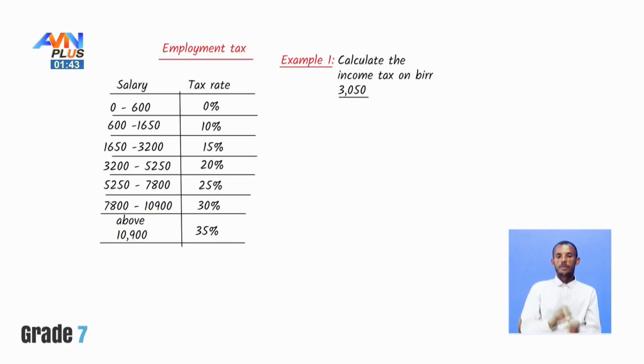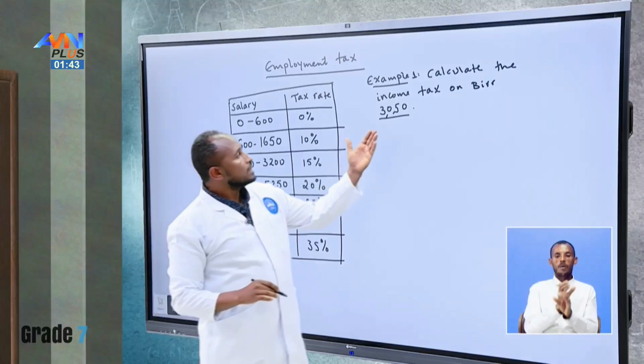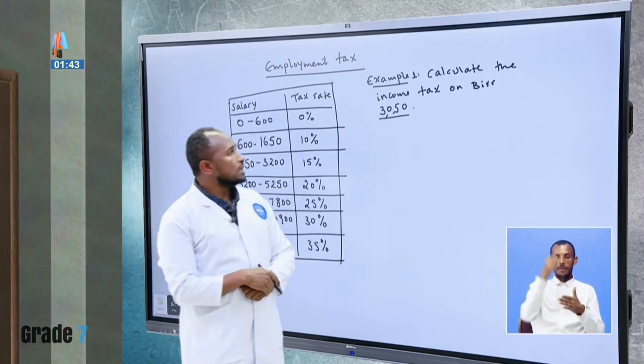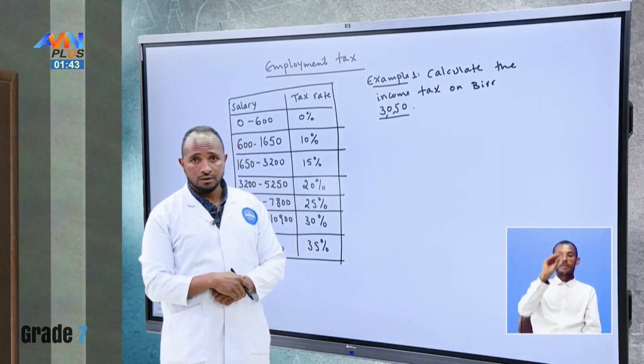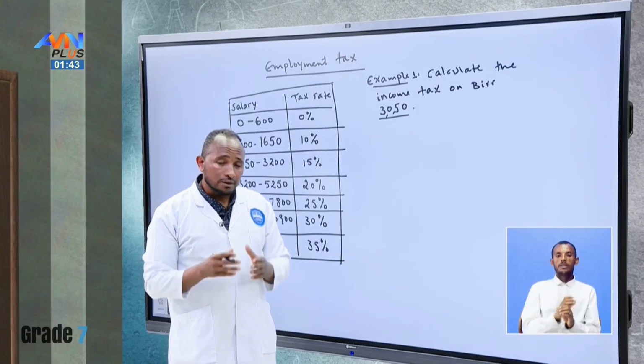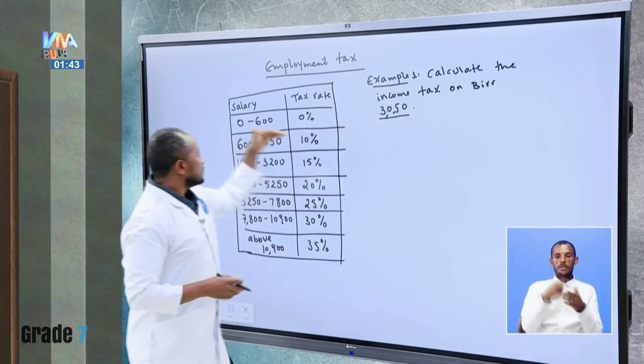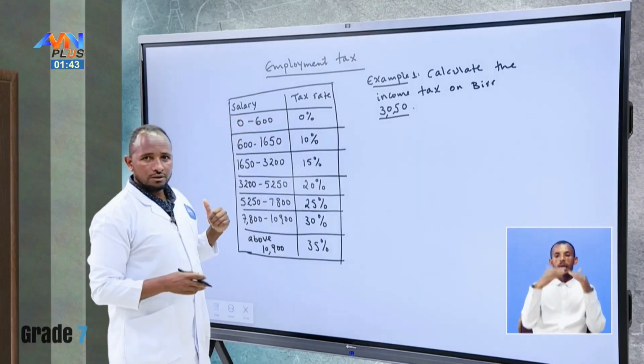Okay, let's see how to calculate the income tax on 3,050. Look, to calculate the income tax, you divide this income into different intervals.